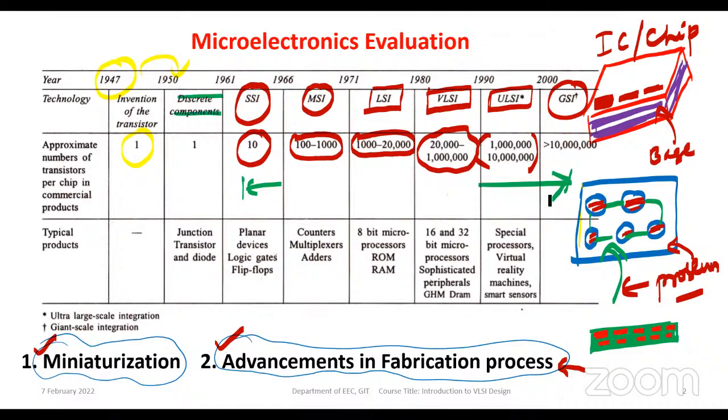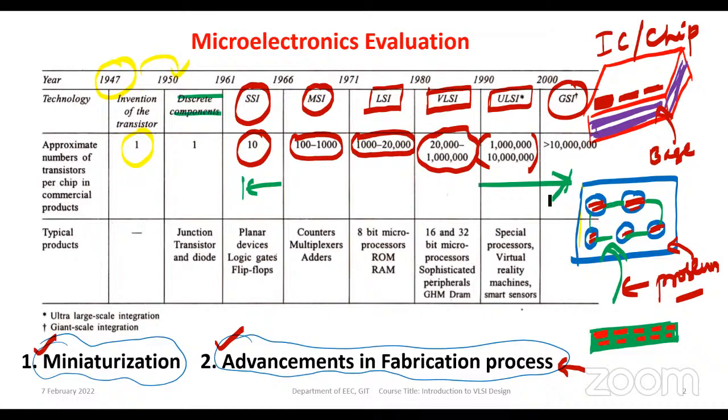Depending upon the number of devices that we can accommodate in an IC, that decides what type of device we are fabricating or making. Agreed? That means if an IC consists of a certain number of transistors, it is possible to make a certain kind of device only.